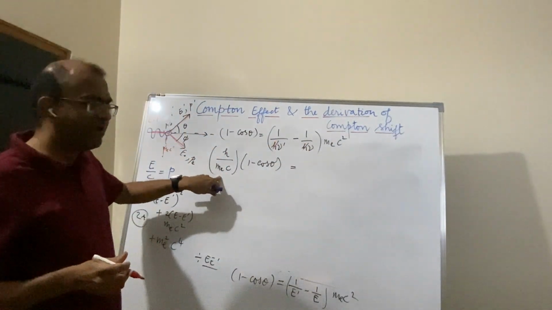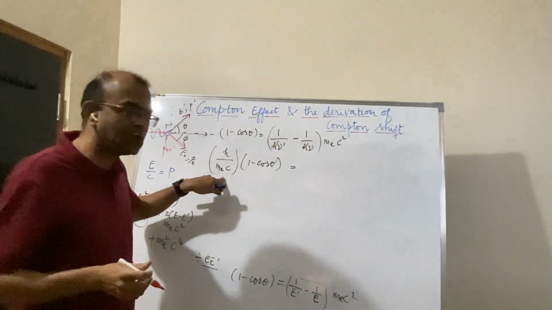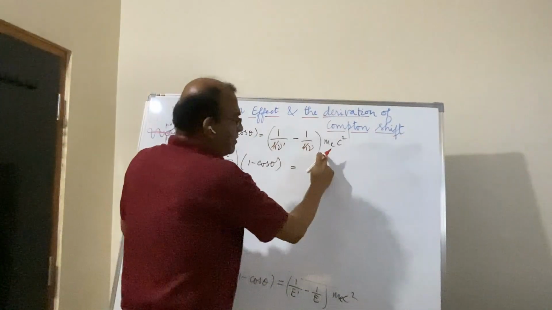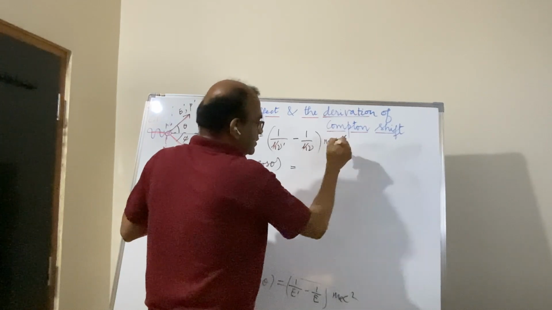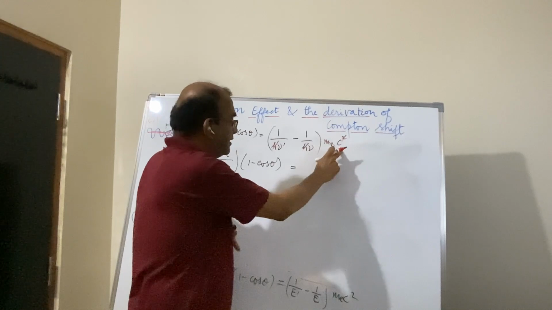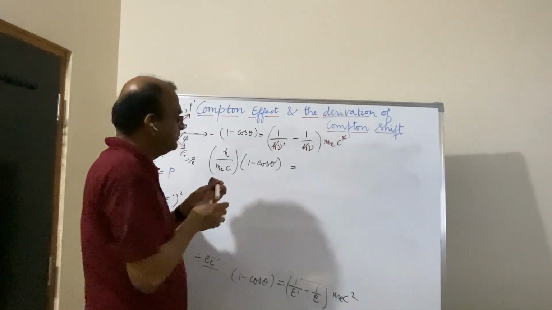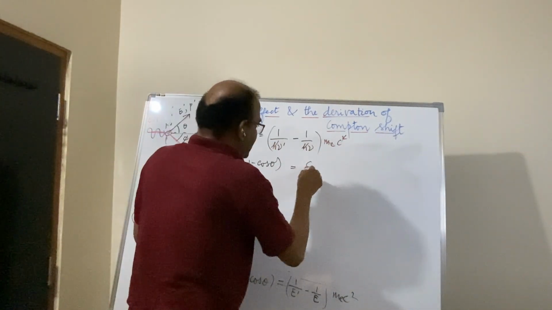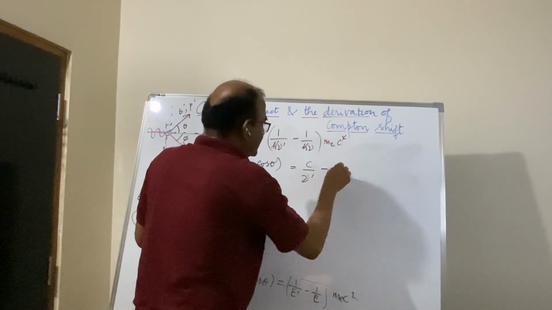And then when I divide by m_e c squared, m_e c squared is there, so this will go, this will go. What we will be left with is only c there. Bring that c inside. So I would have c over nu prime minus c over nu.